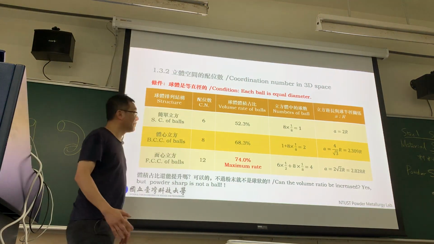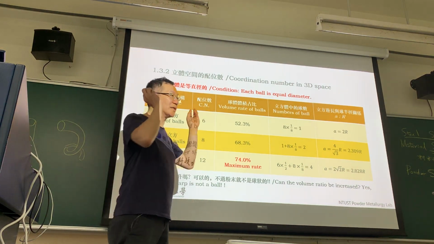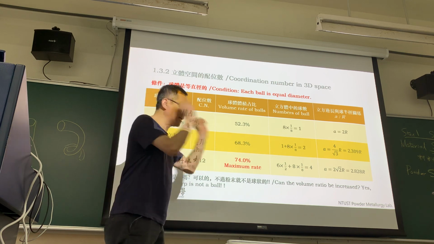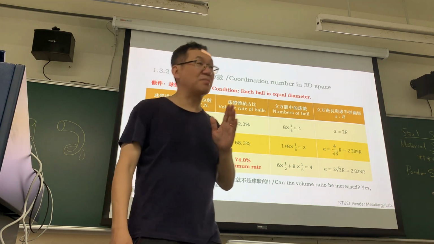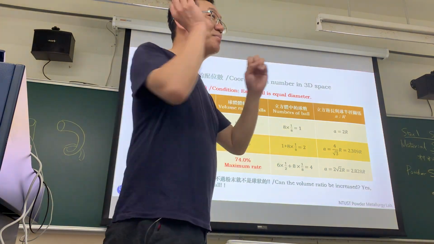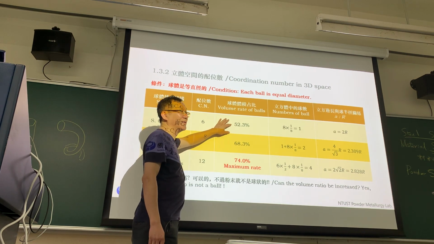So this is about the percentage. Normally, in a random way, we just put down any kind of powder in the cubic. The first thing is it should be smaller than 30 microns. Normally we can approach this, no problem.